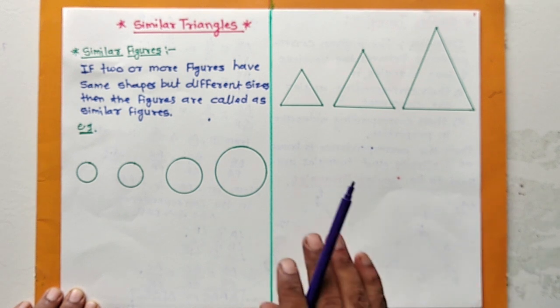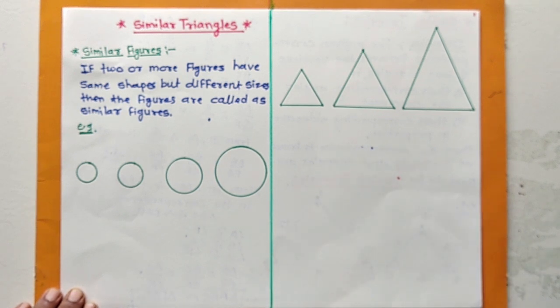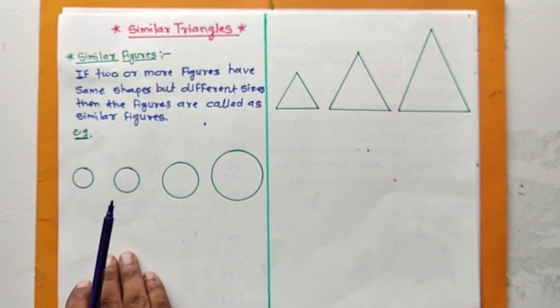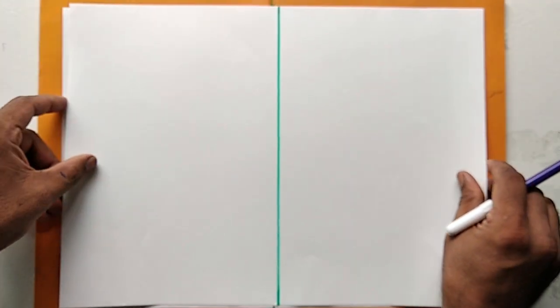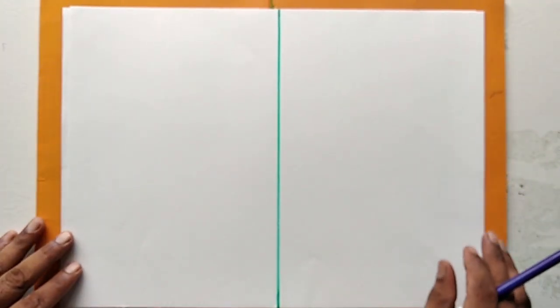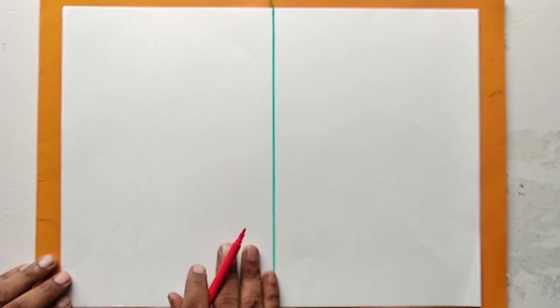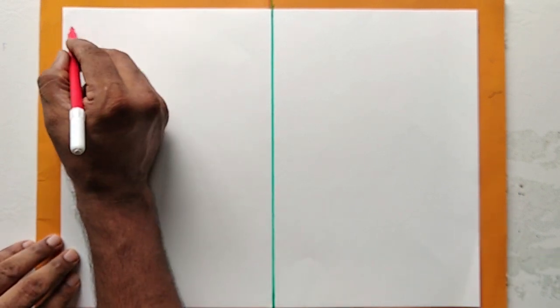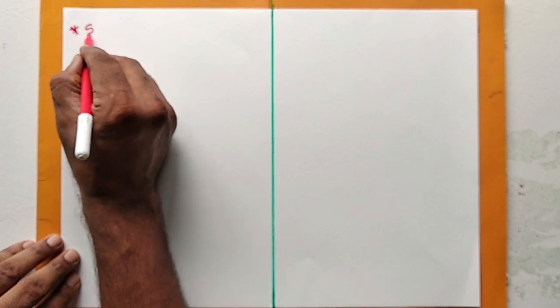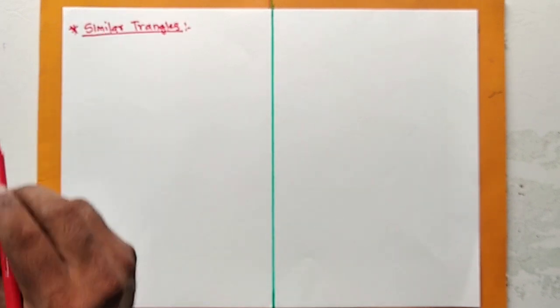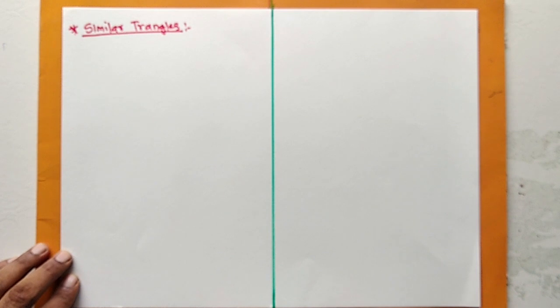If these three triangles satisfy some condition, then we can say that these three triangles are similar. What are these conditions? Last year we studied the definition of similar triangles. What is the definition of similar triangles?